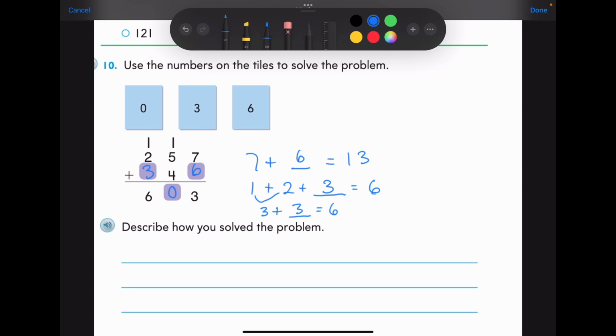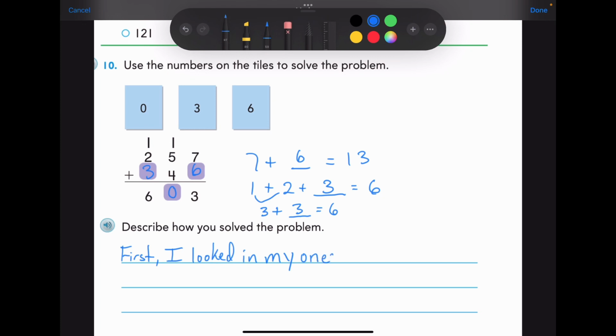So on the bottom, it says, describe how you solved the problem. So I would say, first, I looked in my ones. I'm spelling ones wrong by accident.